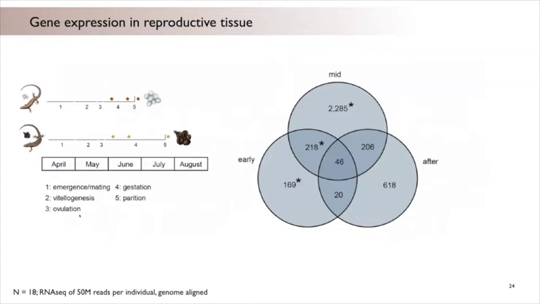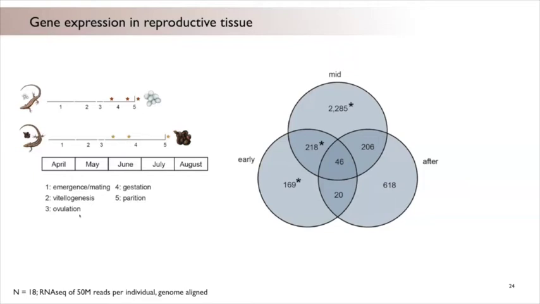Then we also wanted to make an association analysis between the functional genomics of this through gene expression in complement with the admixture mapping analysis. And so to do this, we did RNA-seq analysis of individuals that were taken from the same reproductive period: early, during, and during pregnancy, and then also immediately post.